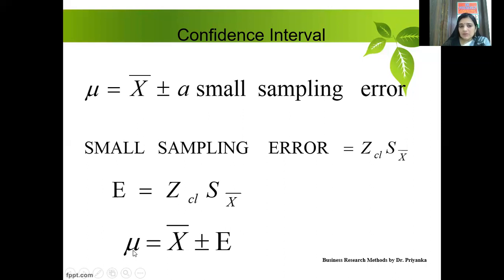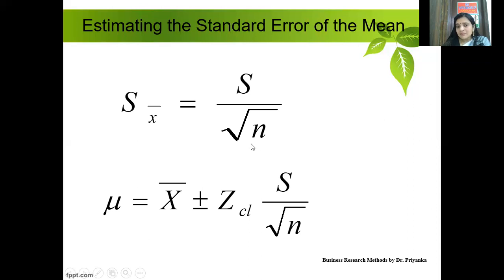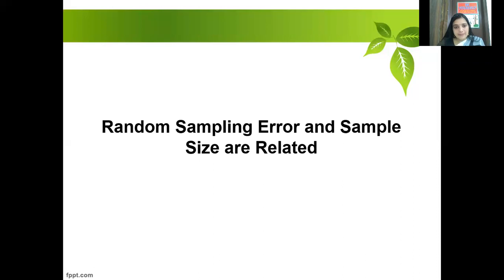Mu is equal to X bar plus minus ZCL S on X bar, and S on X bar is also replaced here. So this is the final formula: mu is equal to X bar plus minus ZCL into S divided by square root of n. With the help of this we will calculate the values of sample size.